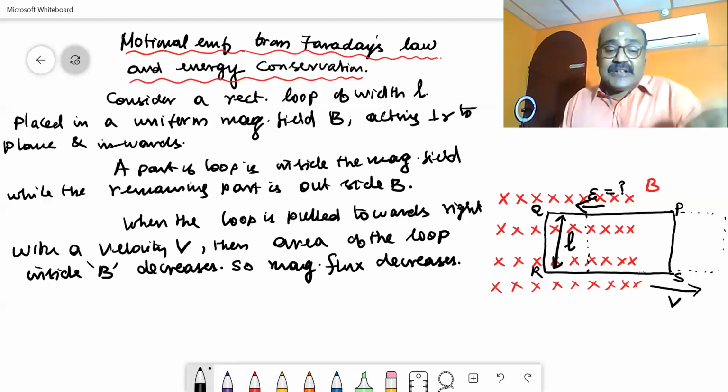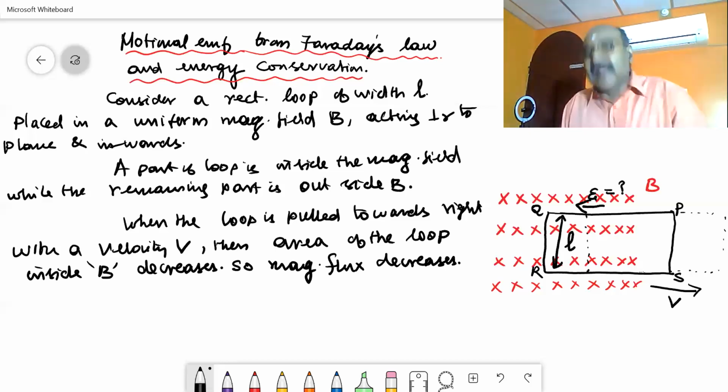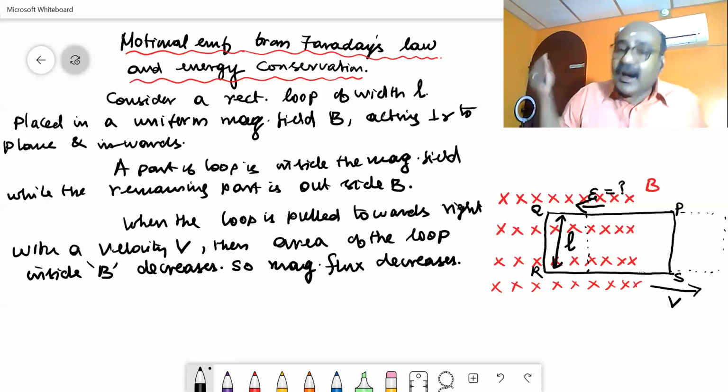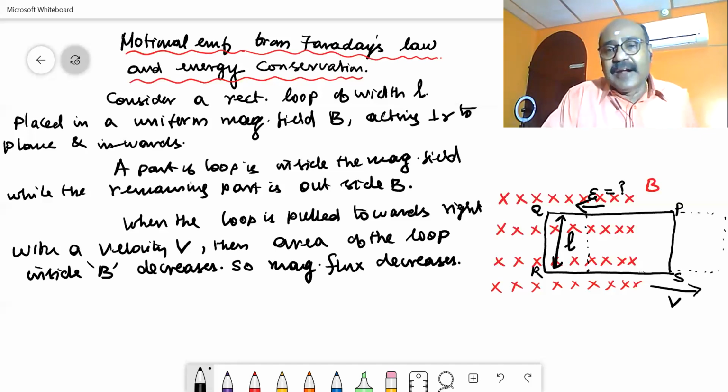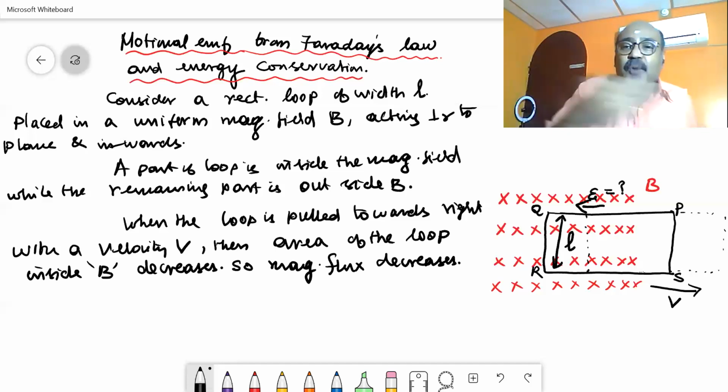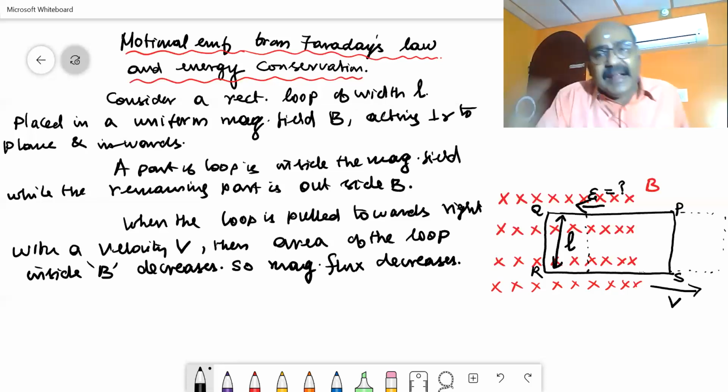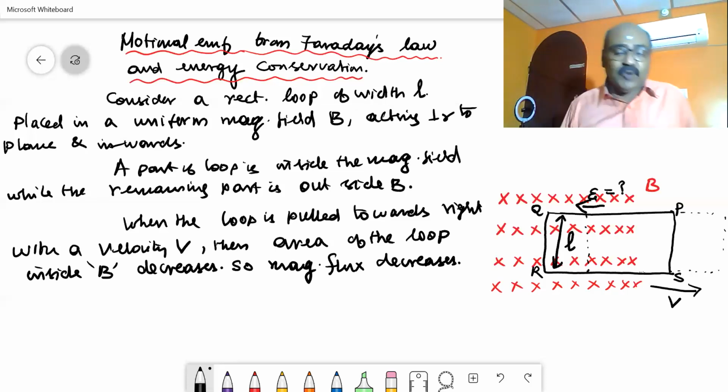Due to the change in magnetic flux, according to Faraday's law, an EMF or current is induced in the loop. But in what direction? According to Lenz's law, the direction of the current or the EMF is opposite to the direction in which the flux is changing, or in which the loop is moving.